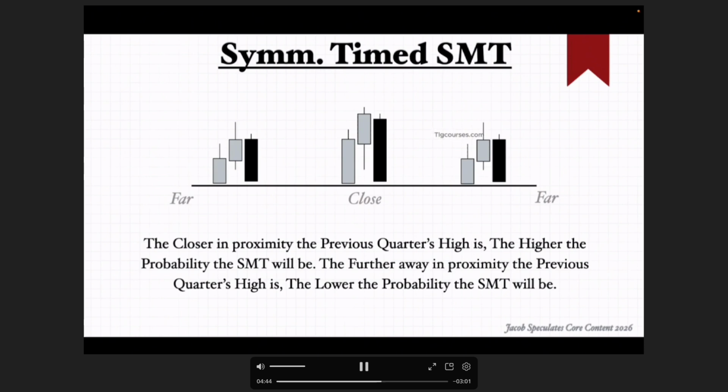Now you're not going to get a 100% perfectly timed symmetrical SMT every single time. It doesn't form that frequently, but you can get a gauge in terms of probability just based off of proximity.